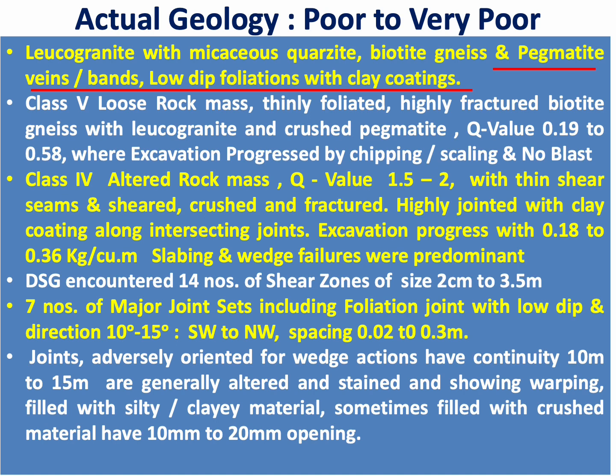Joints adversely oriented for wedge action have continuity 10 meter to 15 meter, are generally altered and stained and show warping, filled with silty clay material, sometimes filled with crushed material, and have 10 mm to 20 mm opening. So such is the geological condition which is referred to as poor to very poor.